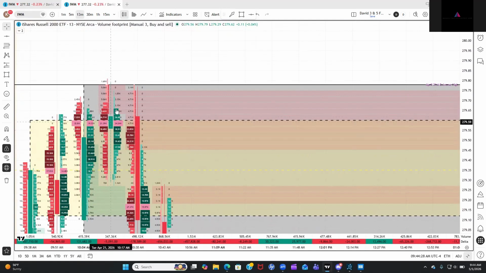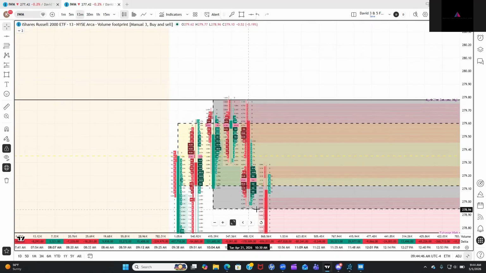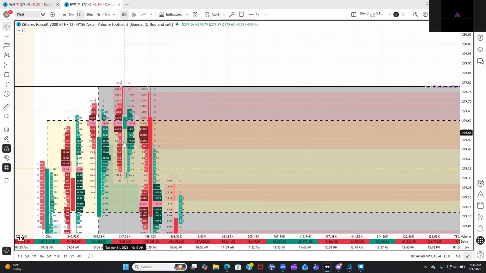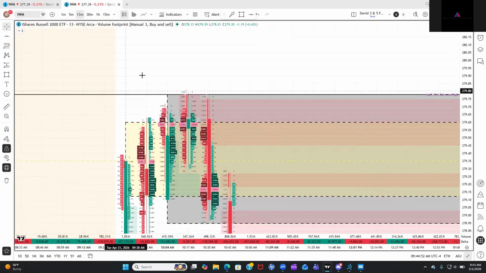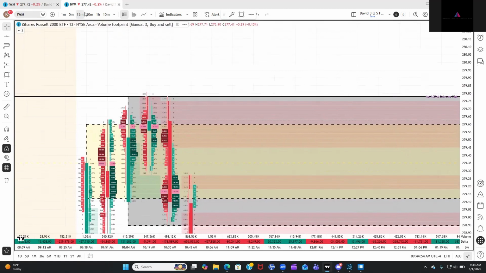They call it a conversation because both buyers and sellers are conversing, trying to agree whether IWM in this auction that we play is worth the high price of 279.80. And obviously you can see they worked it out to where it's not. But this is a conversation candle. Actually, that's the conversation candle, but that wasn't the focus.